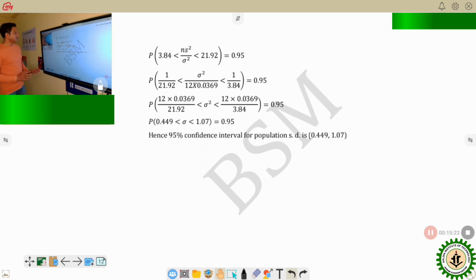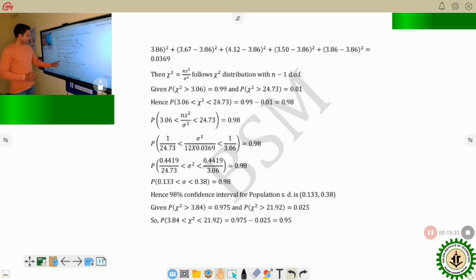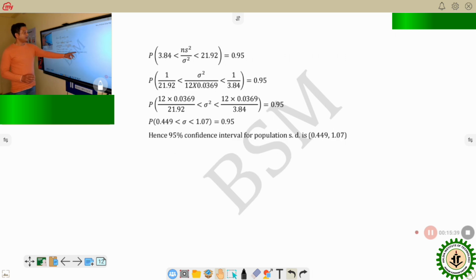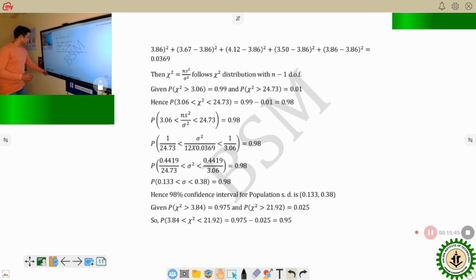Now, one thing to understand: the lower limit is 0.449 for 95%, and the lower limit for 98% is 0.133, and 1.07 is the upper limit for 95%, and the upper limit here is 0.38.